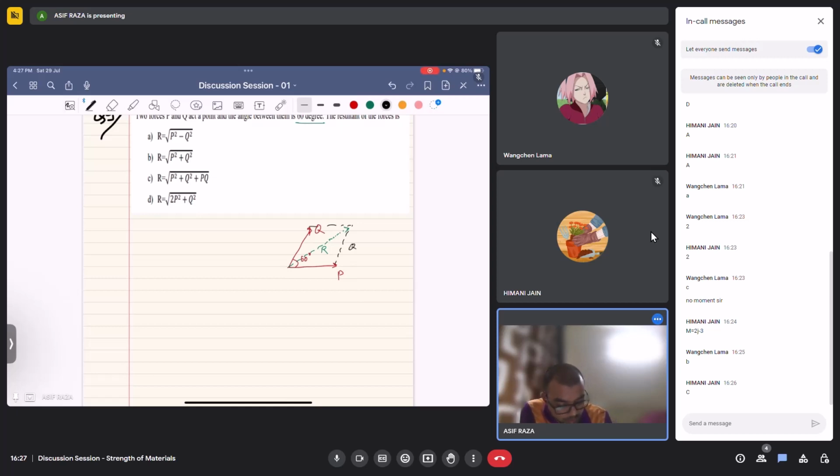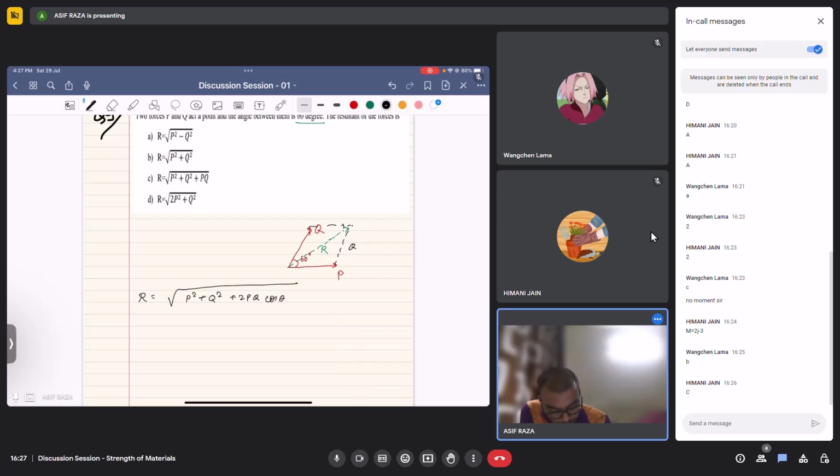So this is P and Q, and the resultant is R. The value it gives is R equals the square root of p square plus q square plus 2pq cos theta, where theta is the angle between them.